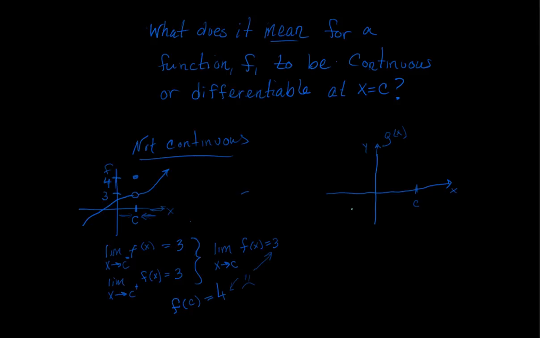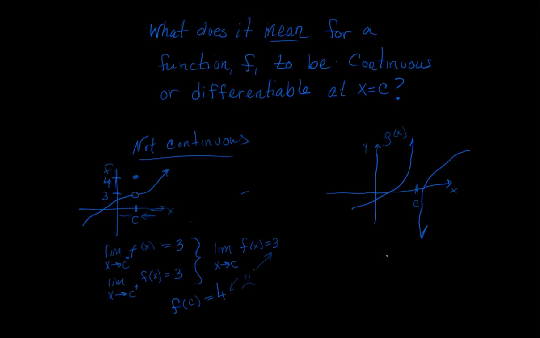Maybe the function is coming along, doing its thing, but as it gets close to c, it suddenly shoots up to infinity, and coming from this direction, maybe it's doing something like this. And as it gets closer to c from this direction, it shoots down.